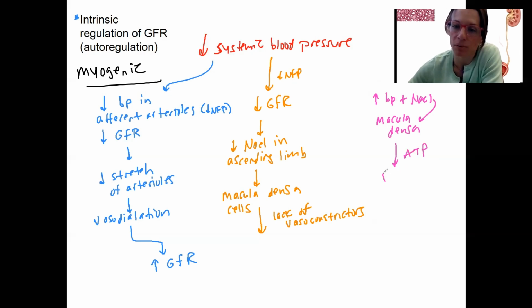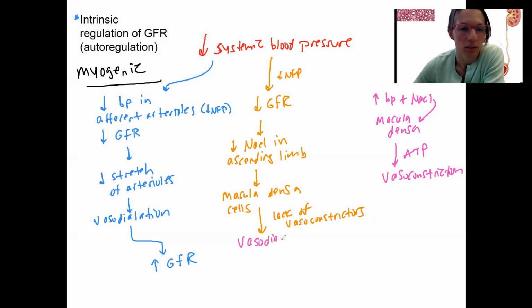So ATP, for example. So this lack of vasoconstrictors is going to cause vasodilation, just like we did over there, and thereby increase GFR. This is the tubuloglomerular mechanism.